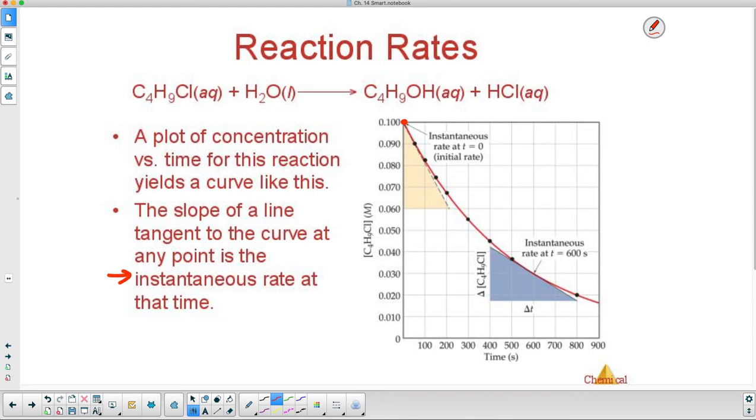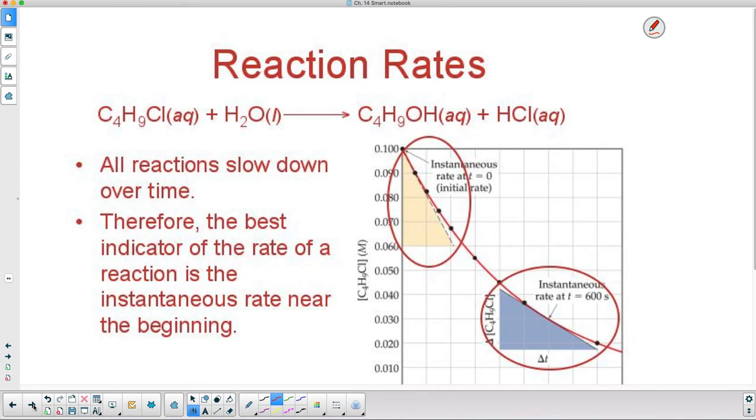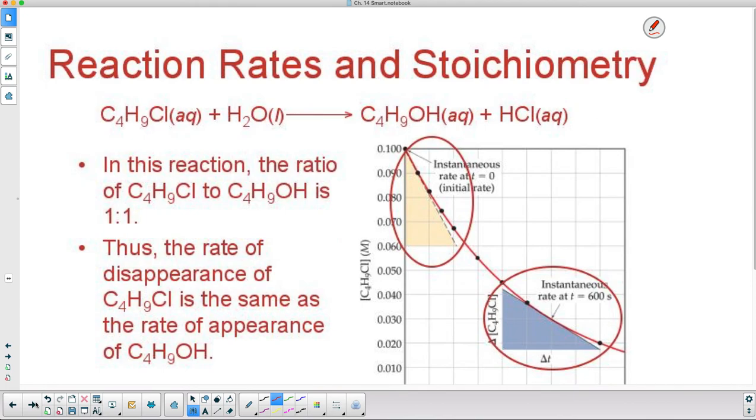So the slope of this line is the instantaneous rate at time 0. As it turns out, the best indicator of the rate of the reaction is at time 0. So the tangent line slope at time 0 is what we're looking at.